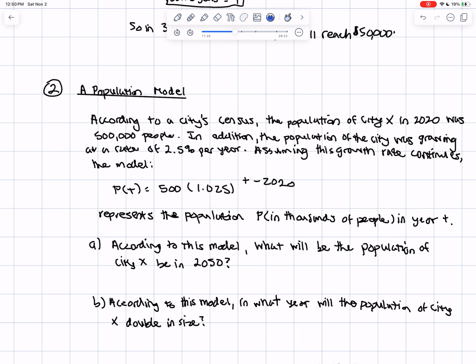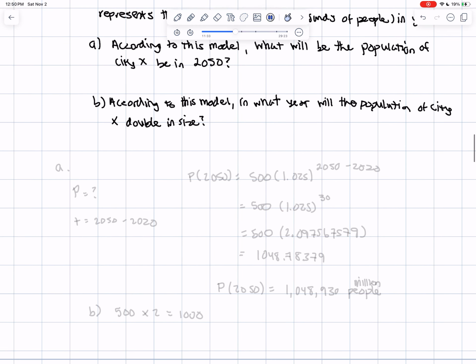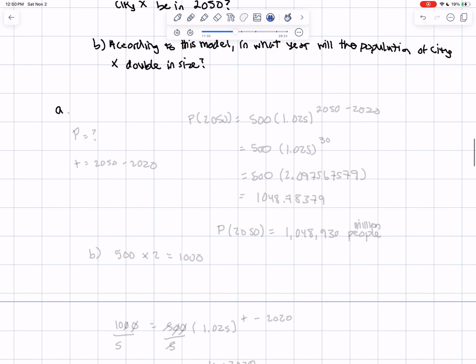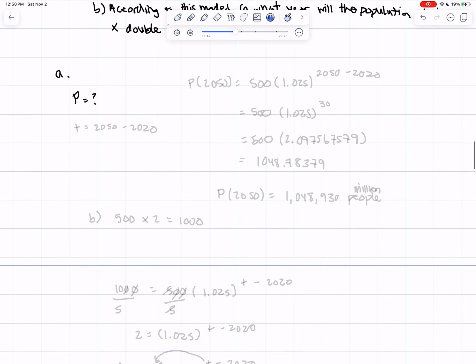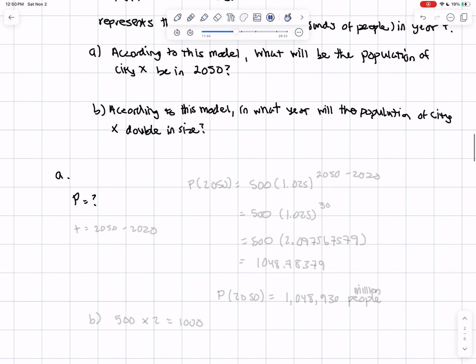So for the first one, they're asking us, what will the population be? So that means we're trying to find P, right? Okay, so we're going to do the first one. If we're trying to find P, we don't know what it is because they're asking us what the population will be. And they don't give us the time, right? Well, we have to find what the time is.